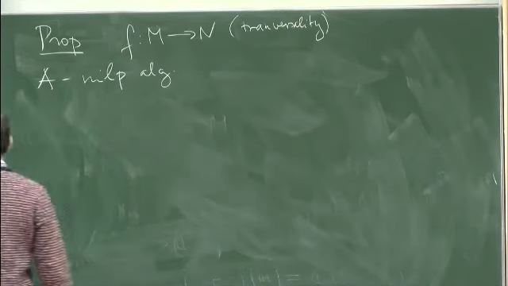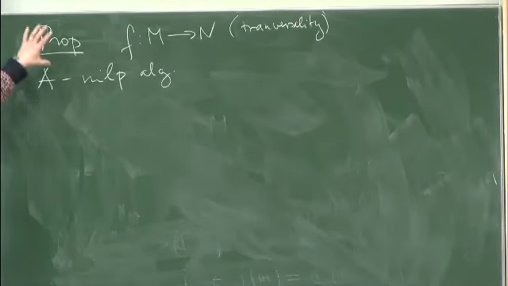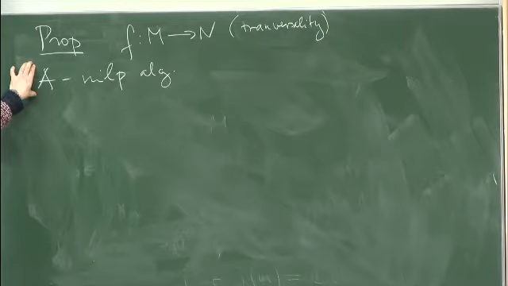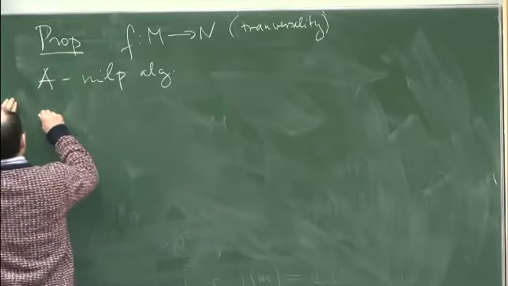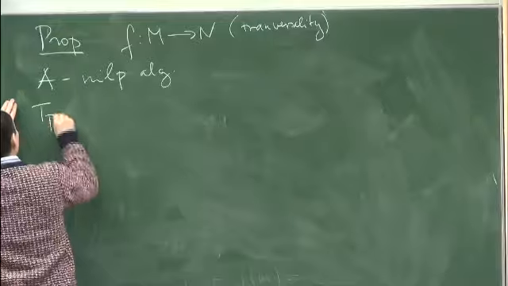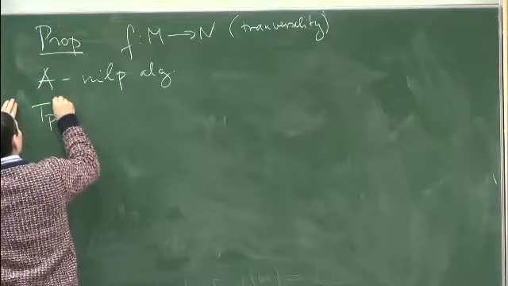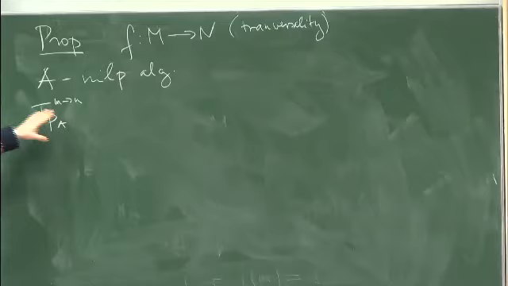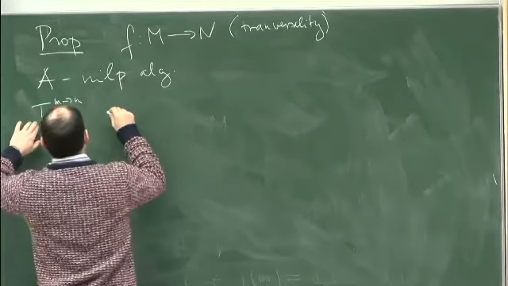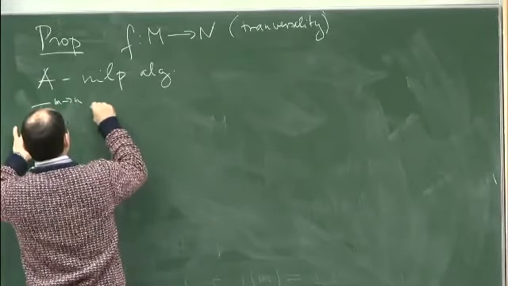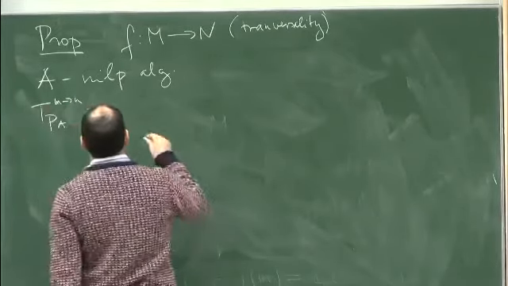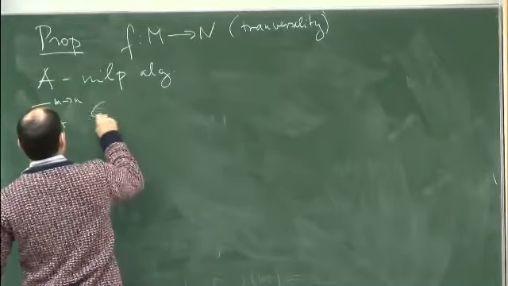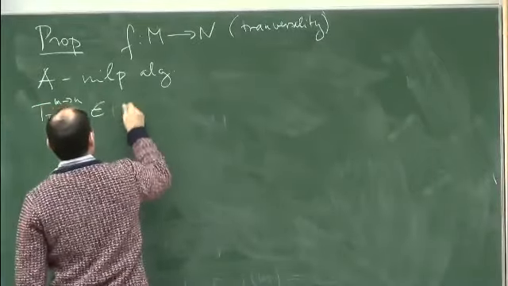Okay, so now I do the following. Well, I should have maybe done it before this proposition; this will take some time. I define what the Thom polynomial of this singularity is, and this is the following. So define the Thom polynomial of A. Well, you have to know the dimensions, so from M to N, it is a polynomial in some variables.